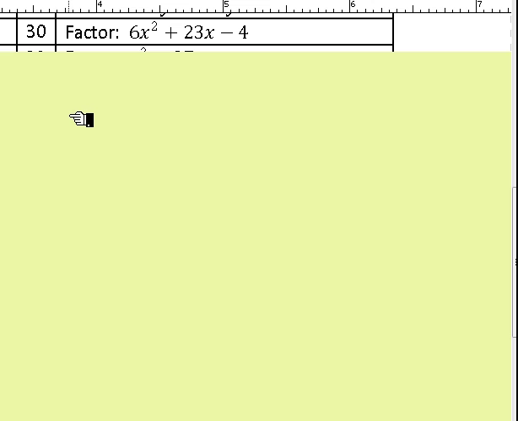In number 30, we have a quadratic. All right, notice that 6x squared could be factored different ways. We could put 6x and x or 3x and 2x. Let's just say we start with 3x and 2x. Also, c is less than 0, so we're going to put different signs.